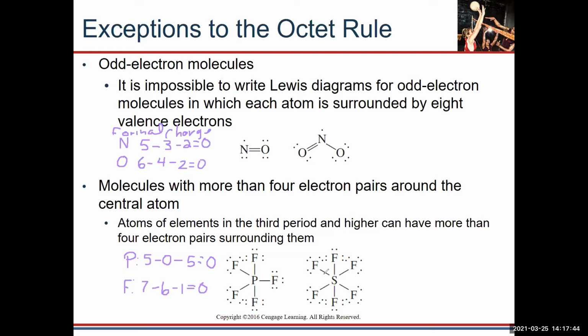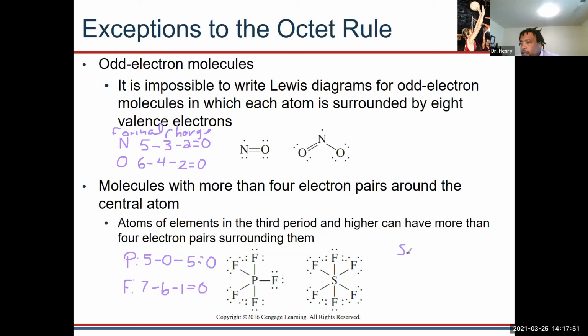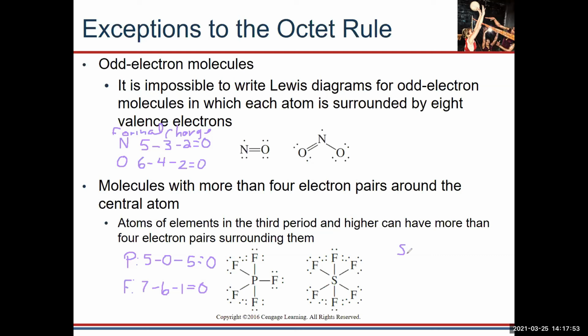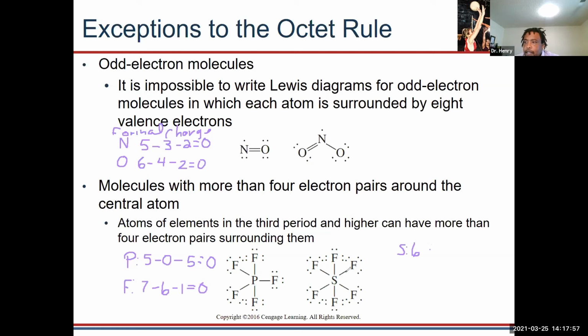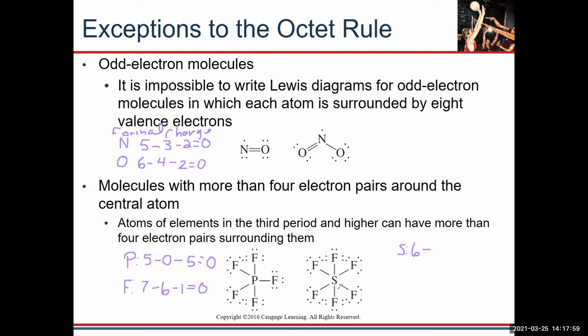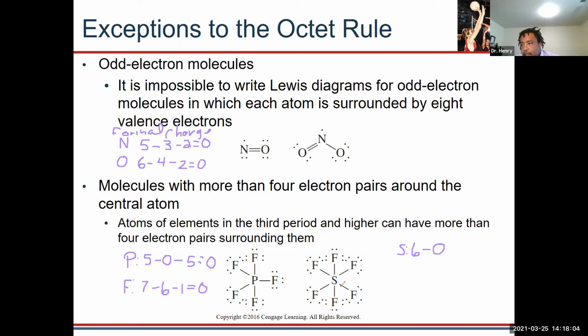Okay, and then what about the sulfur here? Number of valence electrons? 6. Any lone pair around it? No lone pair. And then how many bonds? 6. 6 minus 6, 0.